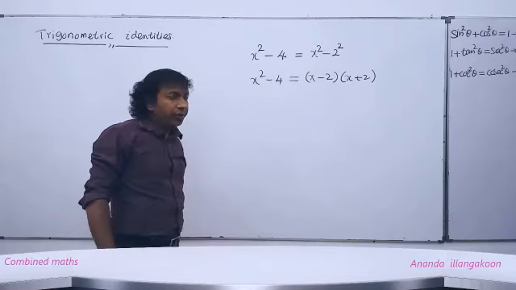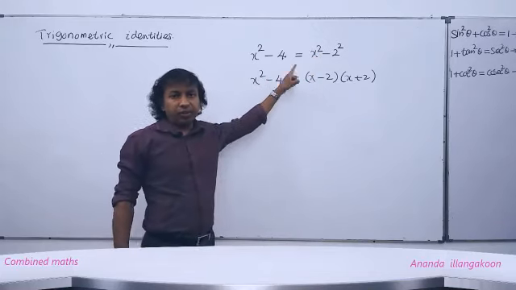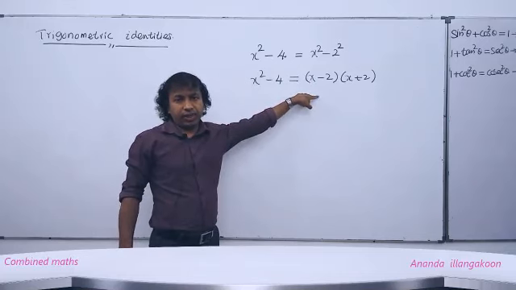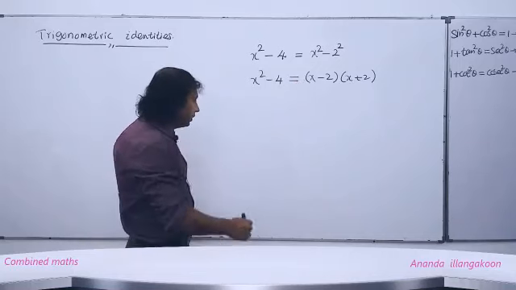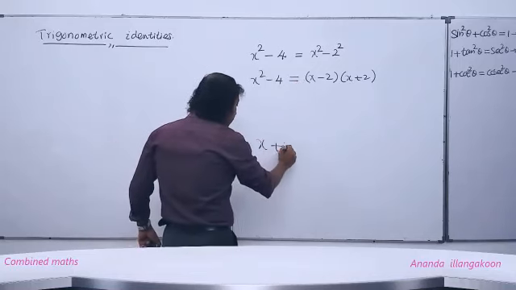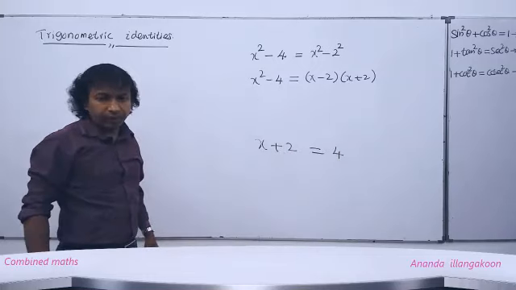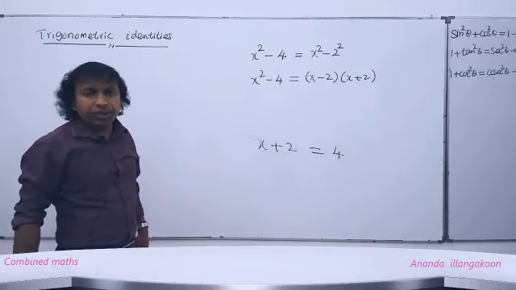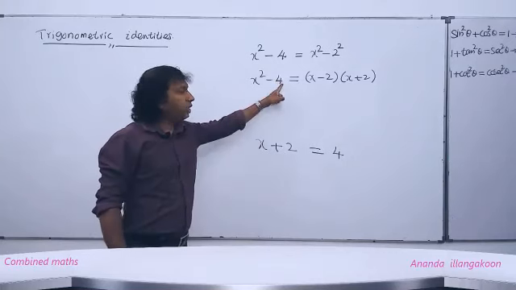Then here we have an equal sign. This says the left hand side is equal to right hand side. Now consider this equality, x plus 2 is equal to 4. Can you see the difference between this equality and this equality?